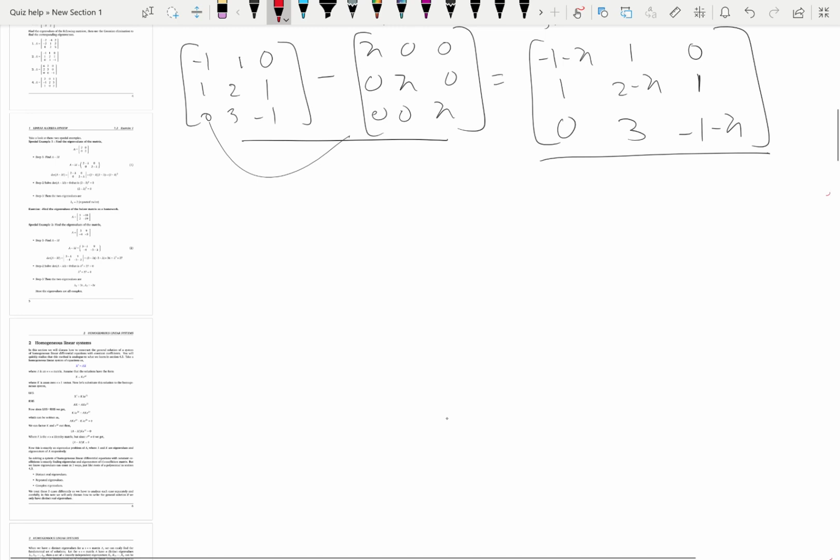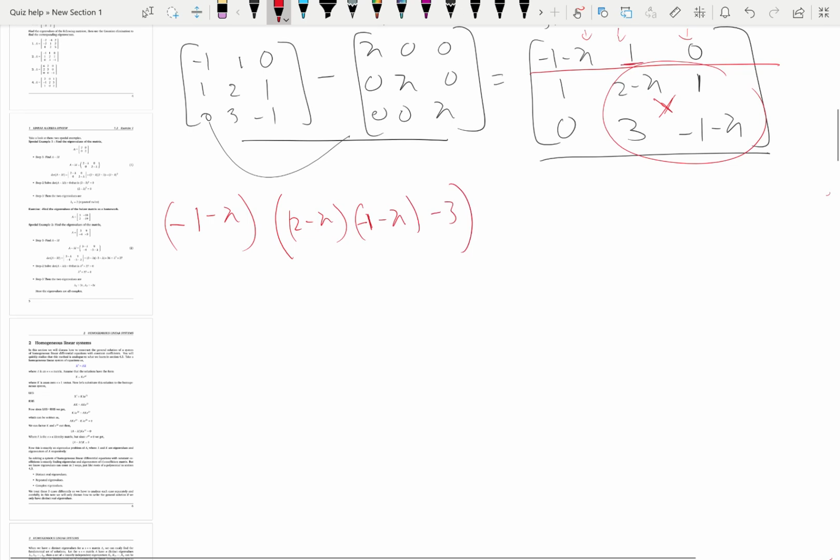I take the first row and go column by column, but feel free to do it in your own way. First I take the first element, negative 1 minus lambda, times the determinant of this part, this matrix: 2 minus lambda, negative 1 minus lambda, minus 3.